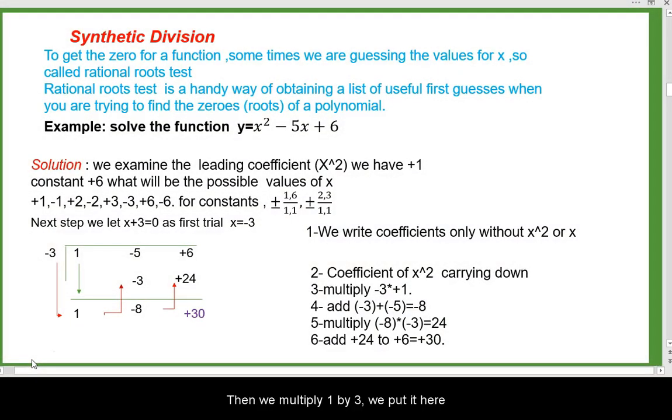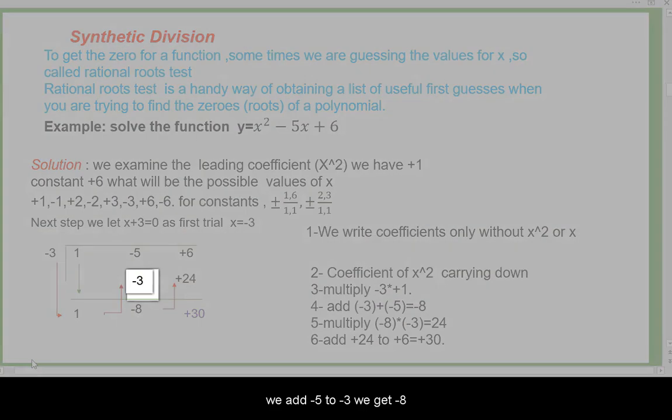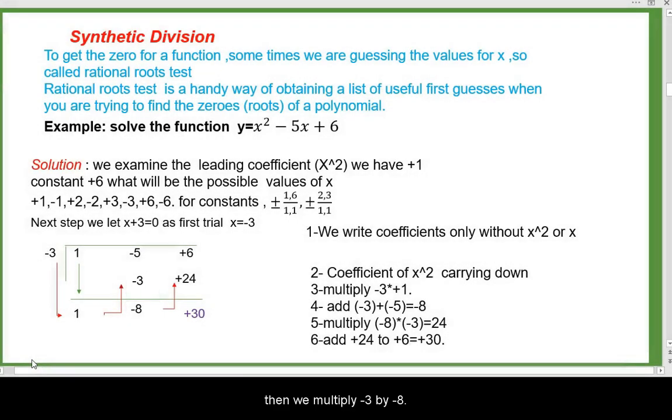Then we multiply 1 by minus 3 and put it here. We add minus 5 to minus 3 and get minus 8. Then we multiply minus 8 by minus 3 and get plus 24. We add it to plus 6 and get plus 30.